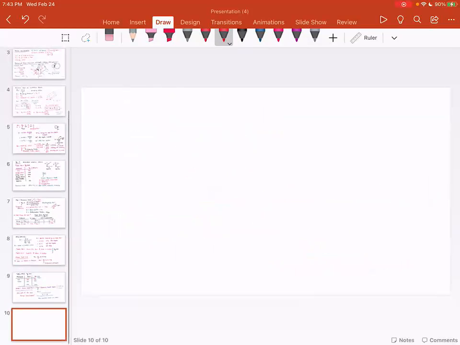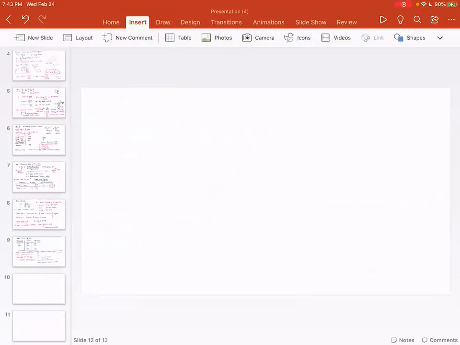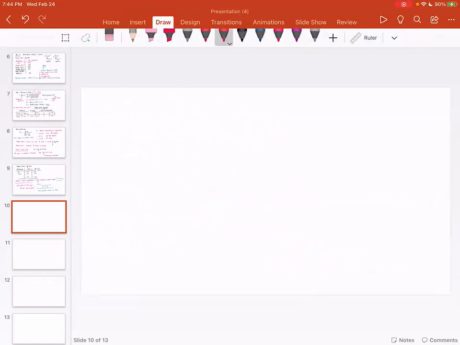Now, the last part, and again, this is something super important. The last part is looking at the wear tooth load. Wear tooth load means the maximum possible load that the gear is capable of carrying.